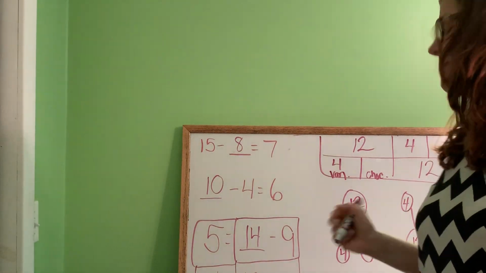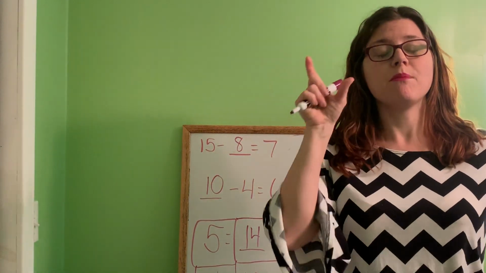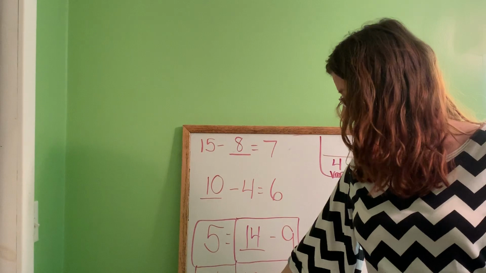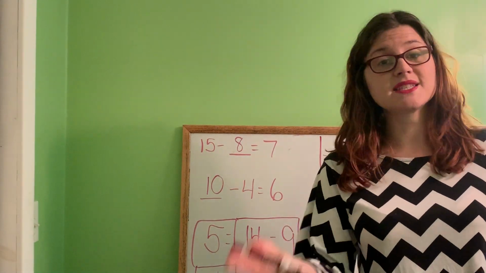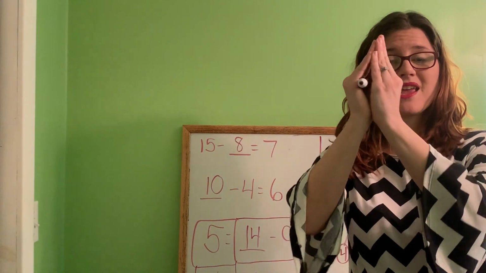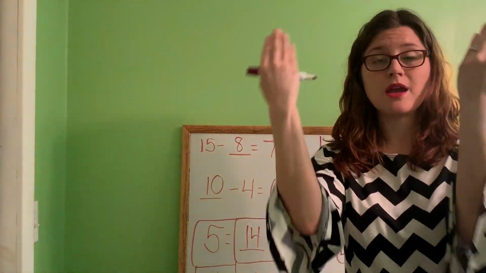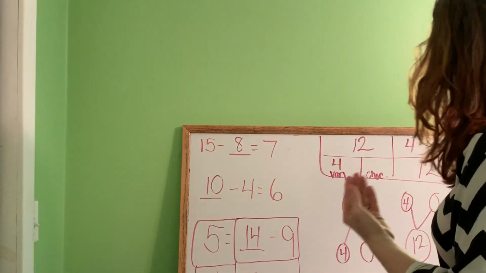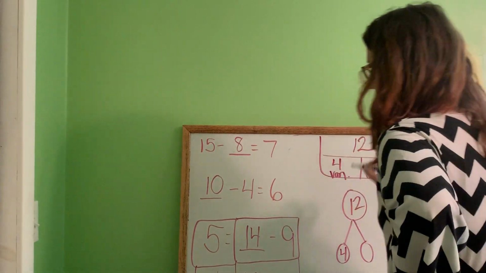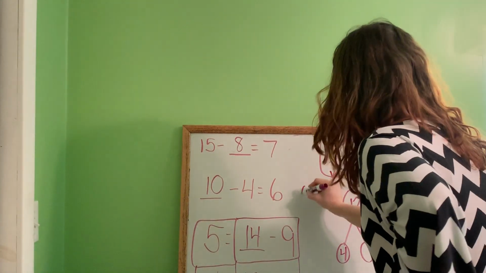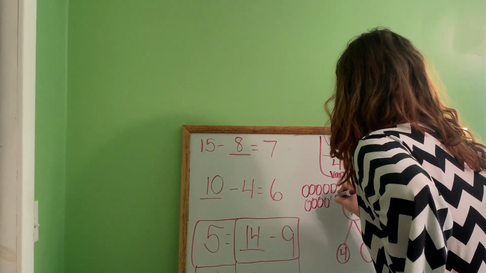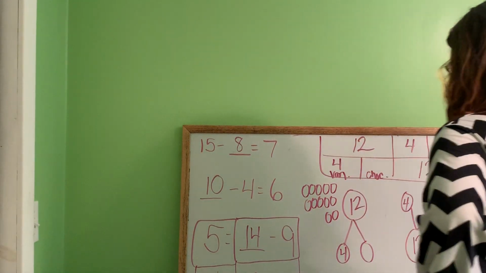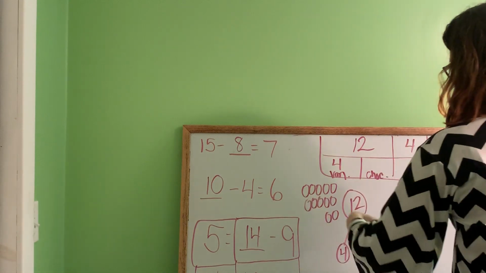So in this problem, am I looking for a number bigger than the biggest number I see, or smaller than the biggest number I see? And this time it's going to be smaller, because we're taking that group of 12 and we're splitting them. So for this one, again, you can use any of those strategies. I am going to use a model for this one. Okay, so there's my 12, a 10 and 2.